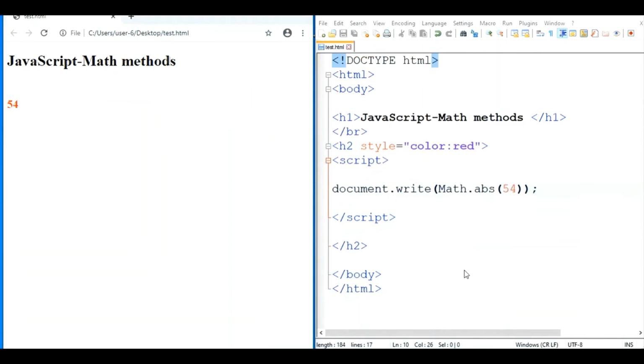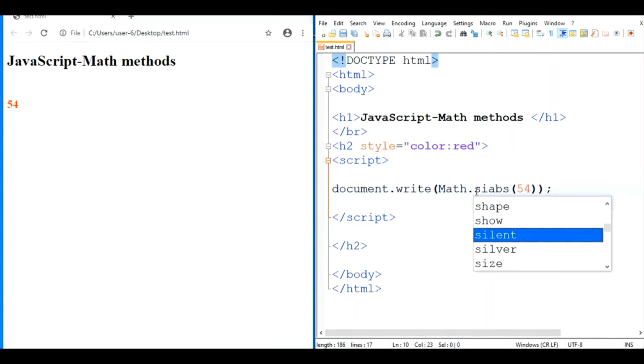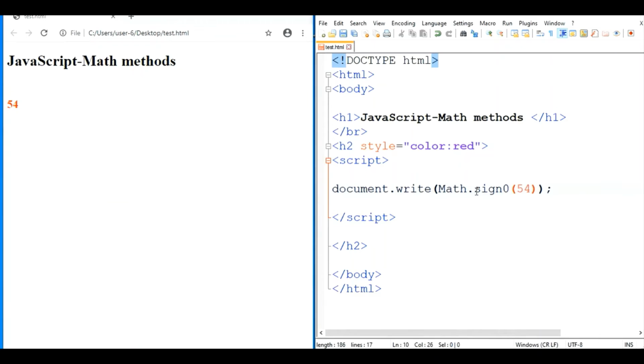So let us try to execute this one. Sign of minus 4. Now save this and then run this. So minus 1, it is a negative number. If you give a positive value, then it is plus 1. So this is about the sign method.